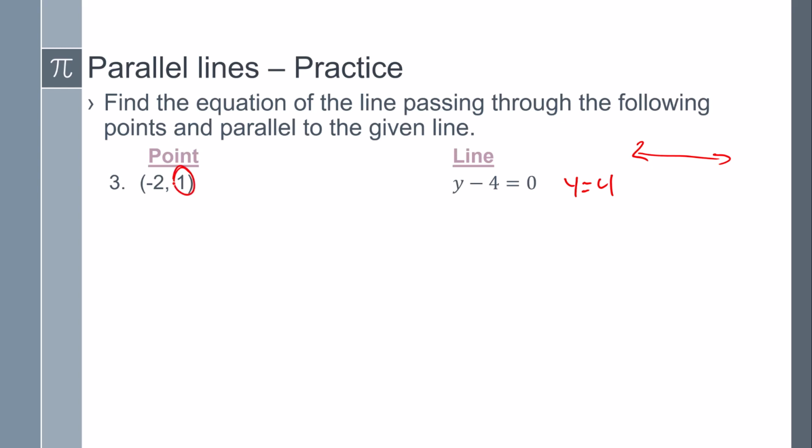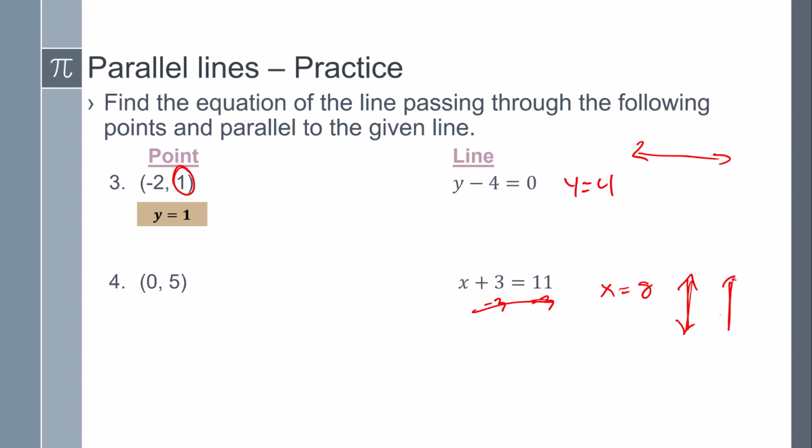Well, the number for y is 1, so it's going to have to be y equals 1. When it's a vertical line, so subtract 3 on both sides, and I get x equals 8. Well, that's a vertical line at 8. Okay, so it has to be the same slope, so it's also going to be vertical. And so to draw a vertical one, it's always x equals the number. And so we're going to use the x value there, so x equals 0.